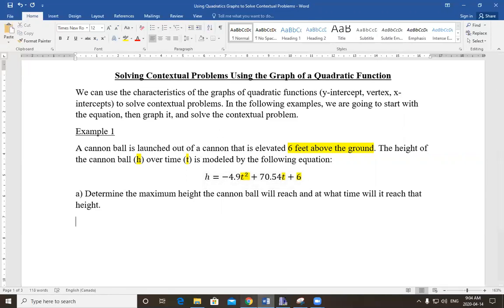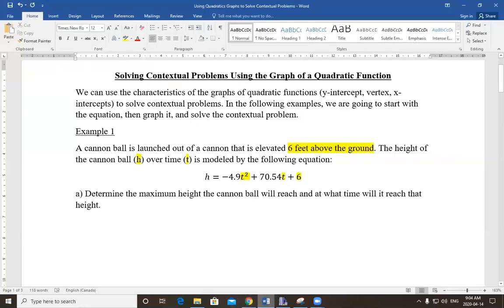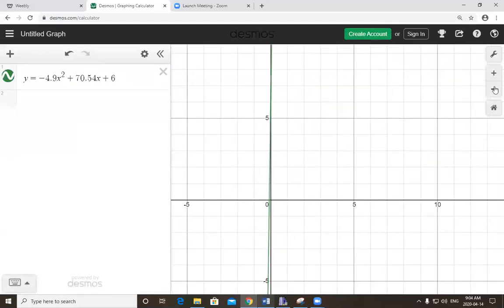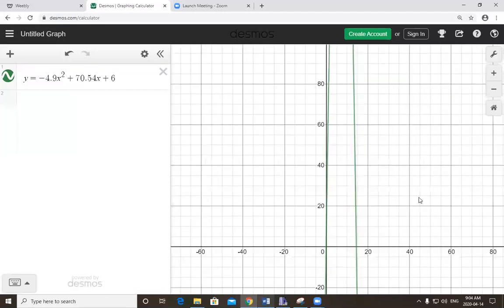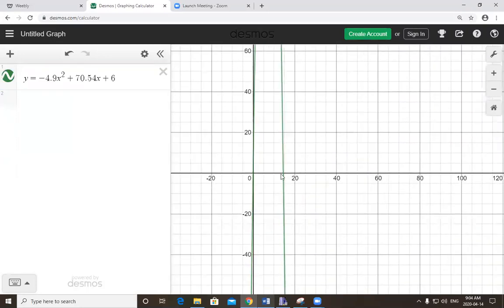So we can type this in: y equals negative 4.9 x squared plus 70.54x plus 6. You'll notice that we don't really see the graph, so we're going to have to scale this. The maximum point goes up to about 259, so I'm going to set my y max to be 280, and it crosses the x-axis at 14, so I'll say 20.